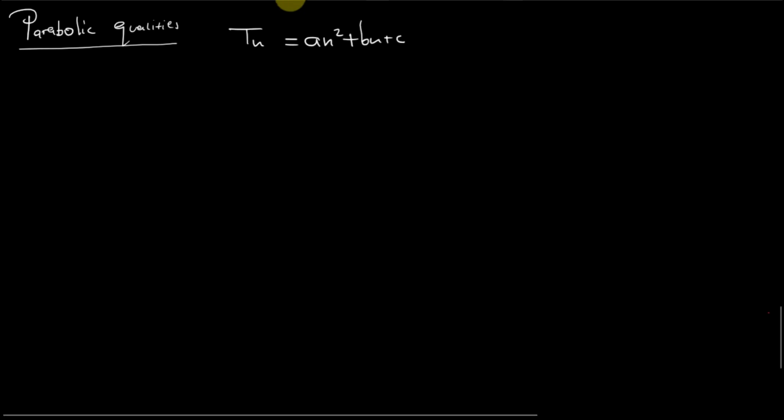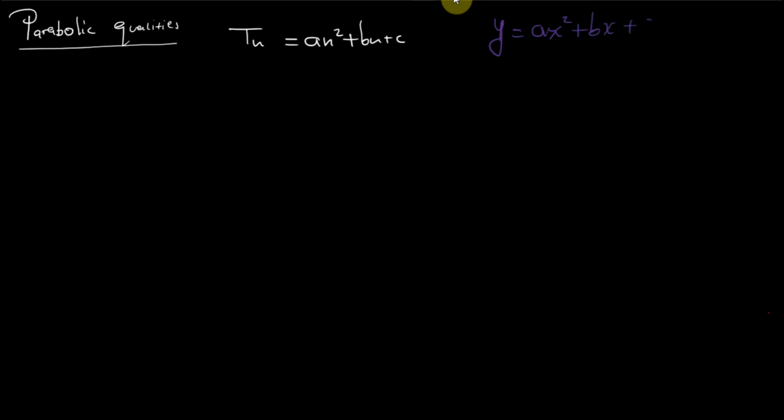Now we want to look at the parabolic qualities that the quadratic sequence shares with parabolas. First, you saw that the general term was Tn equals an squared plus bn plus c, which is very similar to a parabola, which is y equals ax squared plus bx plus c.